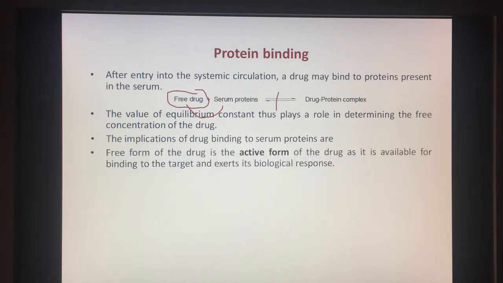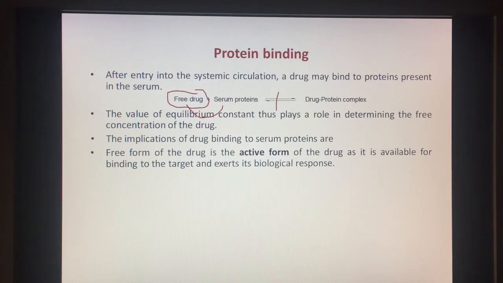Number one, the free form of the drug is the active form of the drug, and it is available for binding to the target and exerts its biological response. So the value of this equilibrium constant determines how much free drug is available at the equilibrium.